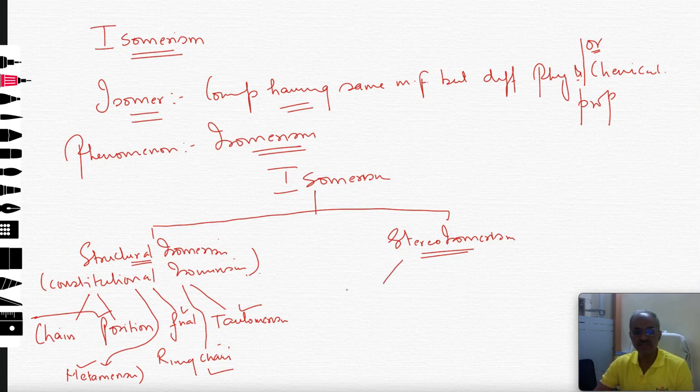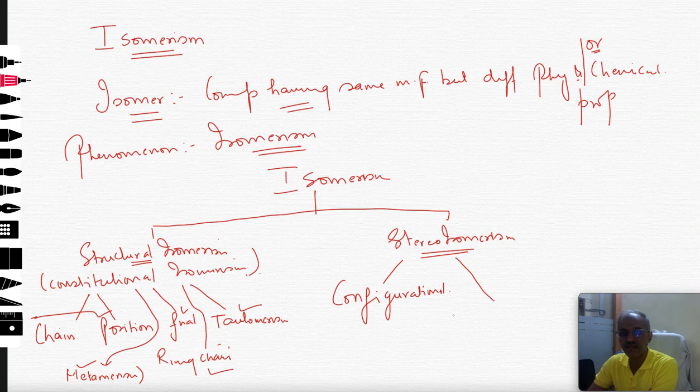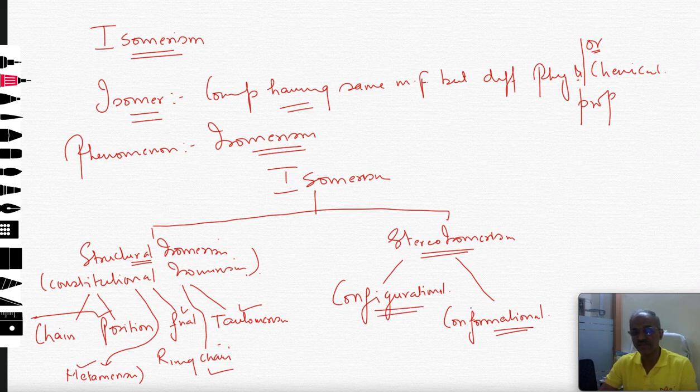First is configurational isomerism, and the second is conformational isomerism.